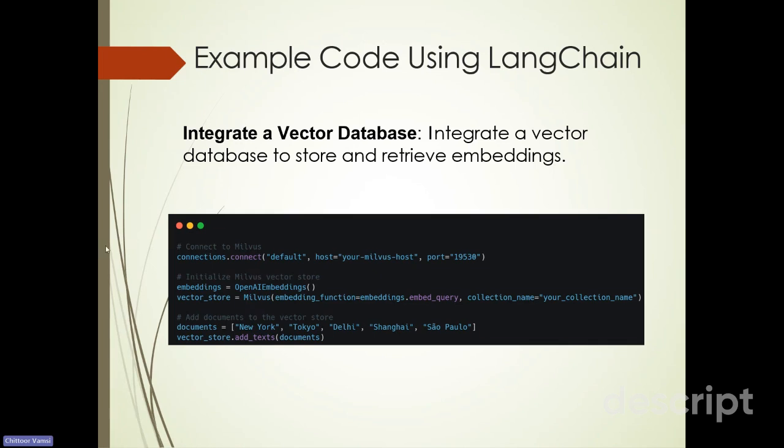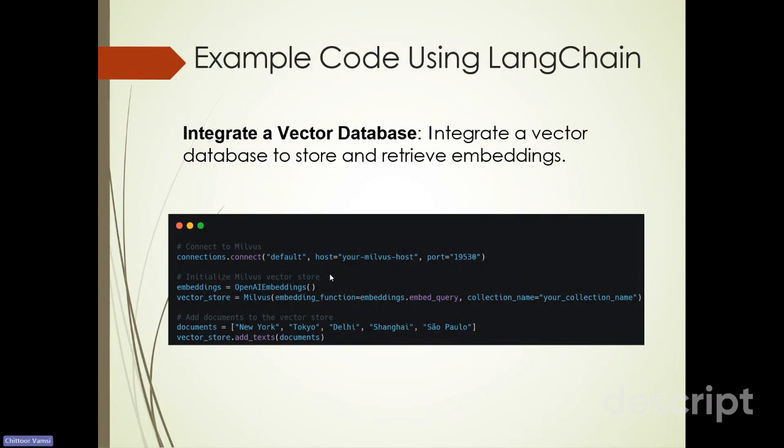So you are saying, okay, this is the embeddings generation instance, then instantiating the database. What is the function that needs to be used for generation of embedding? You're saying embeddings dot embed query. So whenever you add the documents, vector store dot add text, it's going to call this embeddings dot embed query function and use OpenAI embeddings to generate the embeddings in the background.